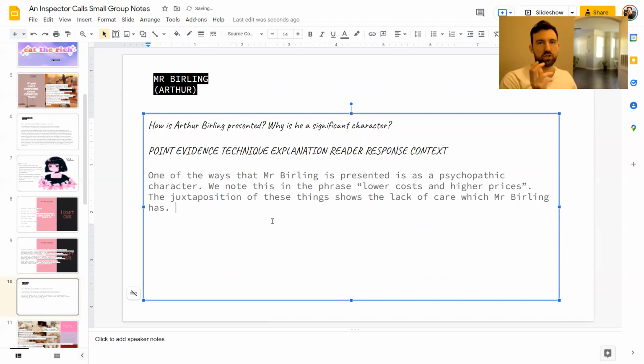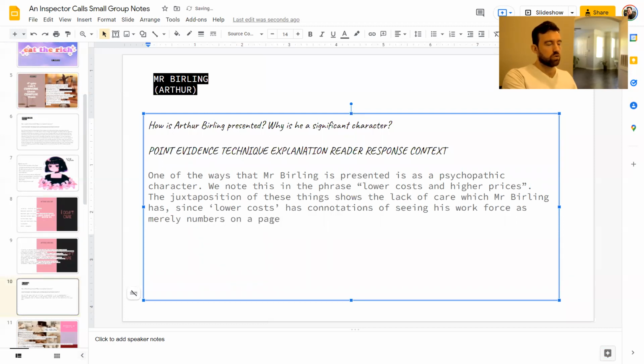And remember, I said you want to really dive deep, since lower costs has connotations of seeing his workforce as merely numbers on a budget, not thinking about their human needs or giving them any comfort as their boss.